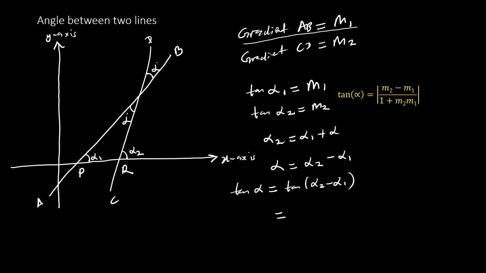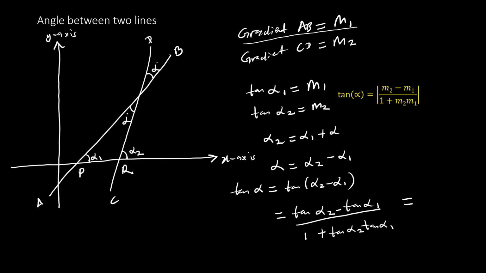And from trigonometric ratio, tan of alpha 2 minus alpha 1 is going to be tan alpha 2 minus tan alpha 1, everything divided by 1 plus tan alpha 2 multiplied by tan alpha 1. This is derived from trigonometric ratio. You can check out our catalog on trigonometric ratio and how we can derive this and how we can prove it.